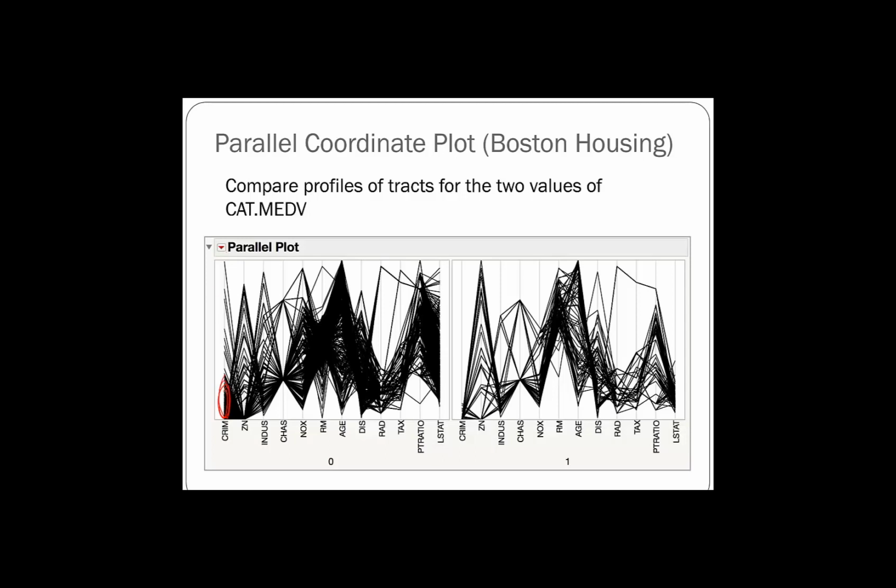There's a few with high crime rates. If we come over here to the more expensive houses, we see that the crime rates are much lower, and maybe that's because they have security, and who knows what the reason for that is.